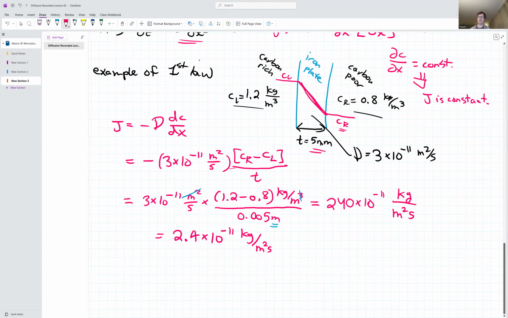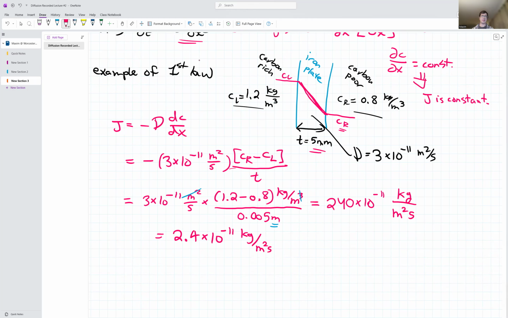It's not very much, and that's because you don't need that much carbon to get into iron to make a nice steel. Usually for these interstitial solid solutions, you do have just a small amount of the small molecule, which is then well described by diffusion. If you have a lot of the particle, then diffusion starts to make less sense because the carbons will run into each other, which is not taken into account in diffusion.